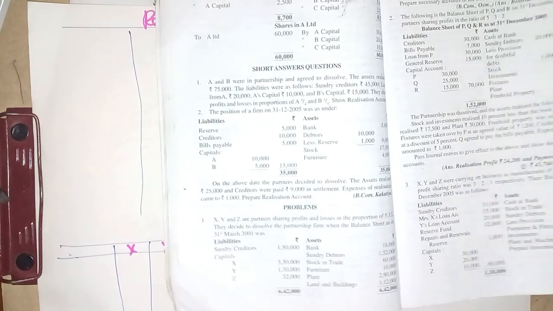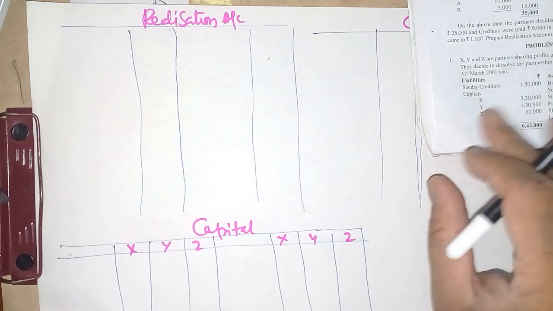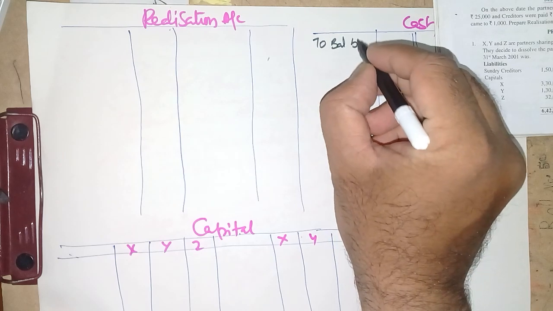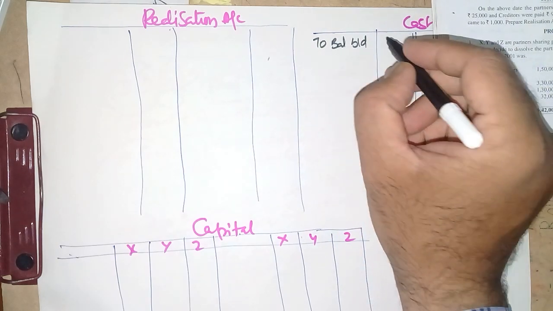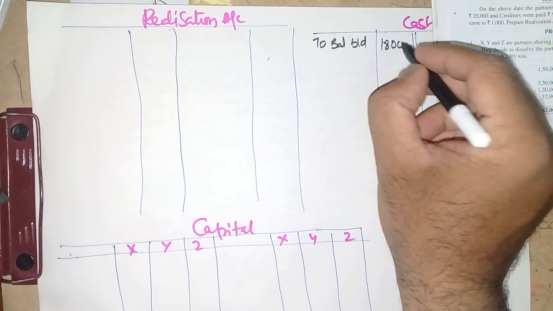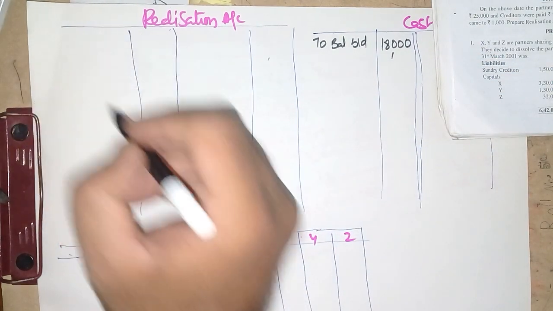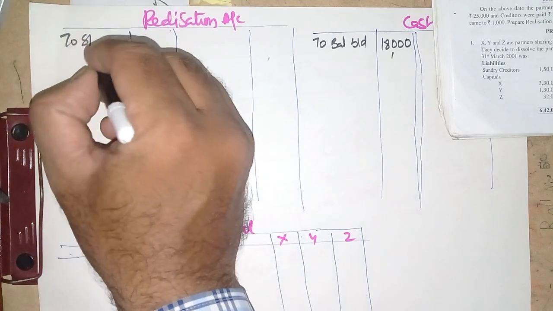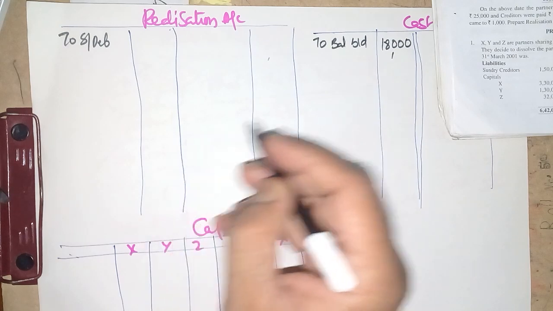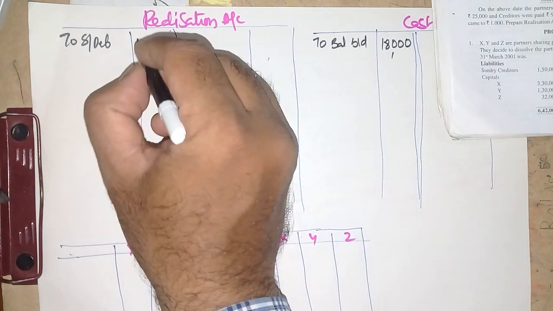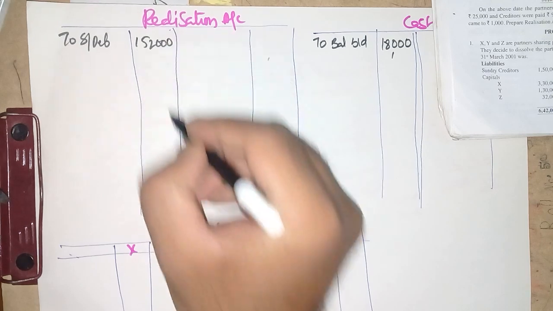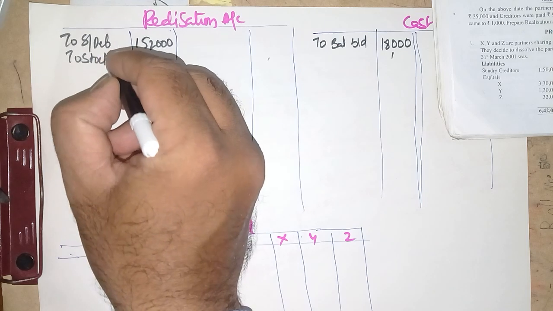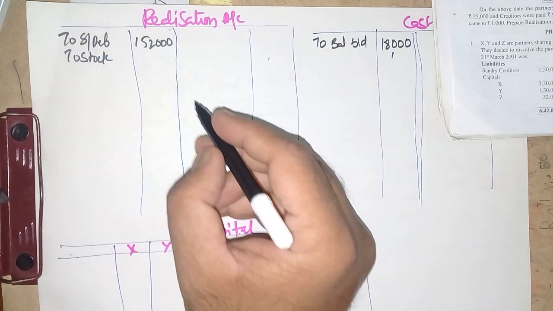So we debit in realization account. Clear? So in cash account we write to balance brought down. Opening cash balance we have 18,000. Then the rest of the assets we will debit to realization account. To sundry debtors, which comes to 1,52,000. Then we have stock in trade, which comes to 60,000.